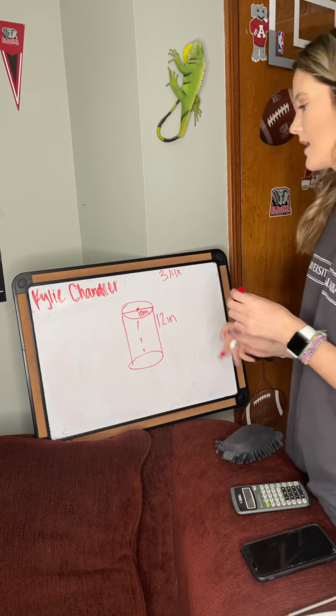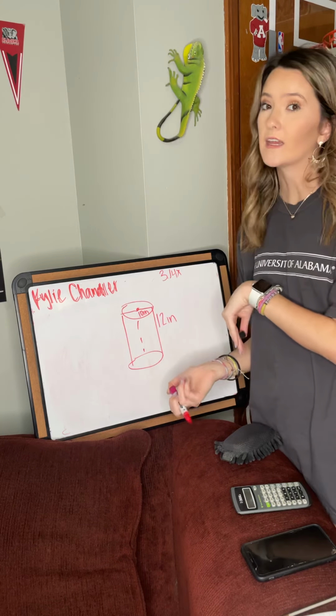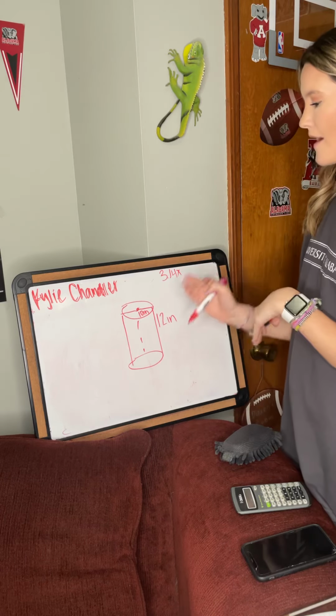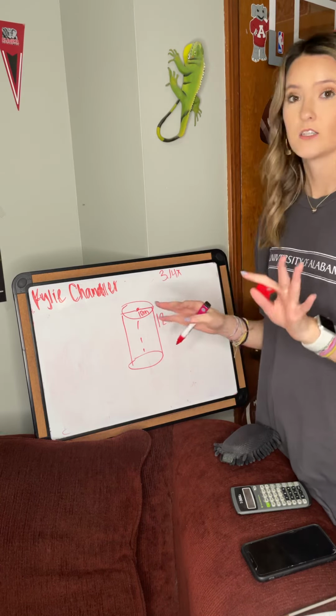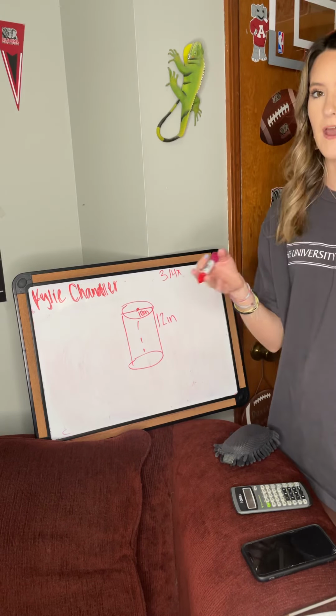Okay, so we know the first part of the formula, pi, so we have 3.14 times radius squared. If our diameter is 10, our radius is half the diameter. Half of 10 is 5, but you're not done there. You still have to square it like you would normally because it's pi r squared.